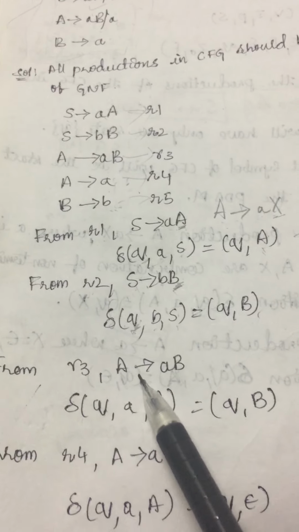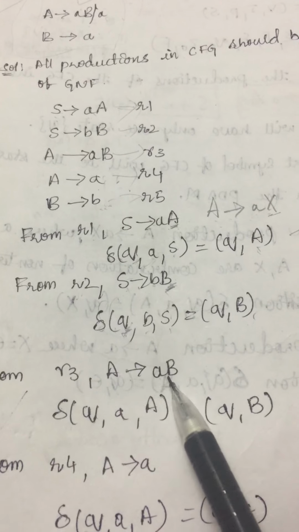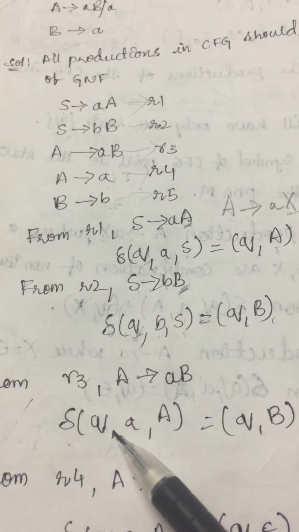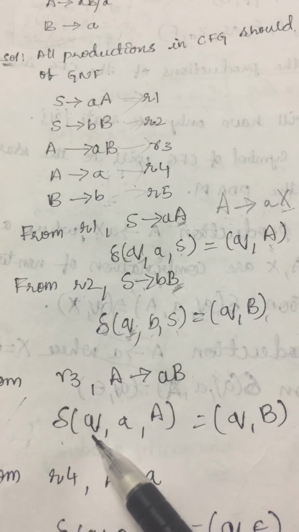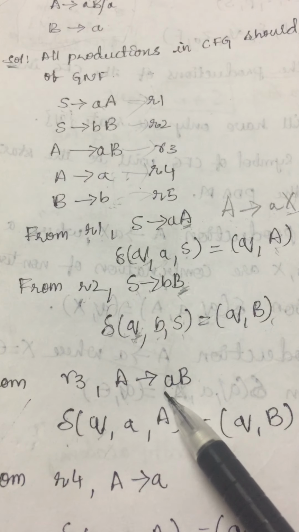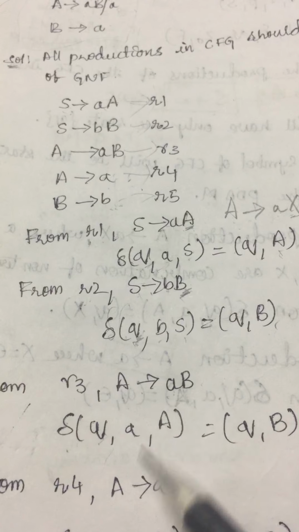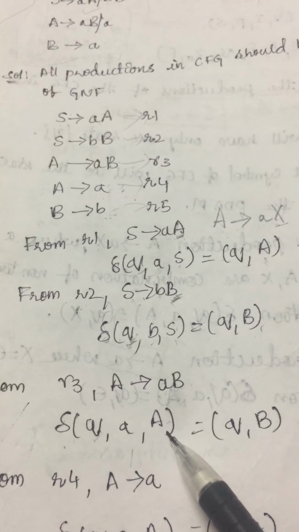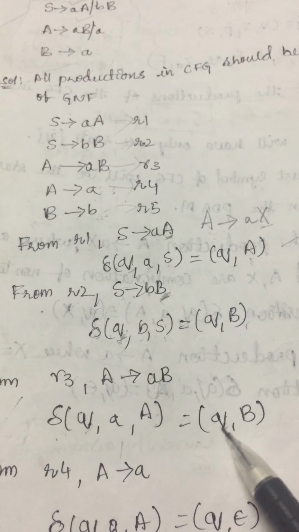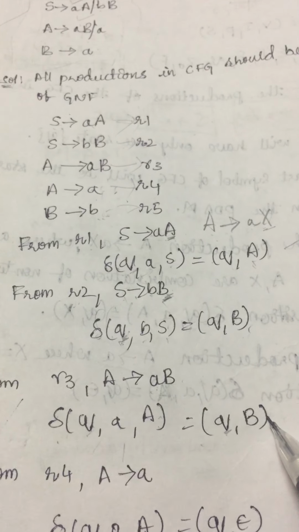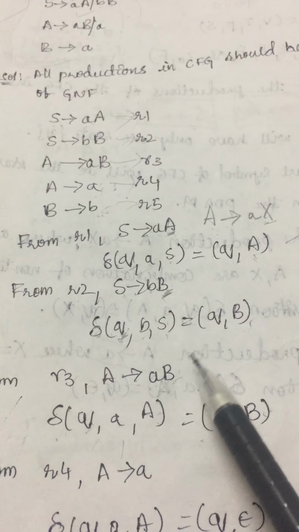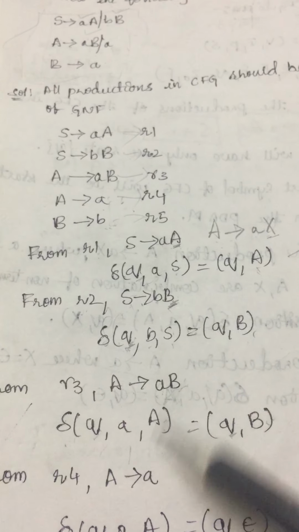Capital A produces small a capital B. Delta of the only state Q, the terminal symbol is a and the non-terminal on the LHS is capital A, is equal to the only state Q and the non-terminal capital B in place of X from the algorithm.